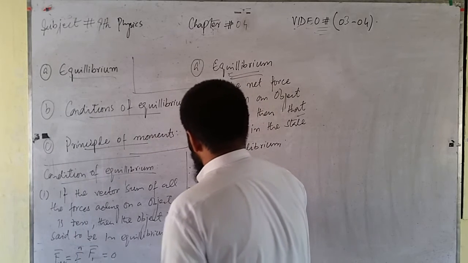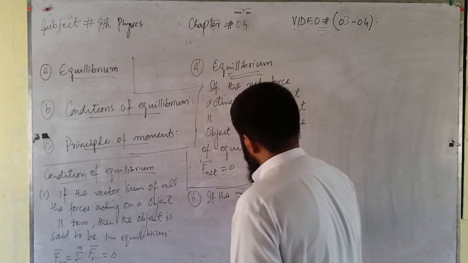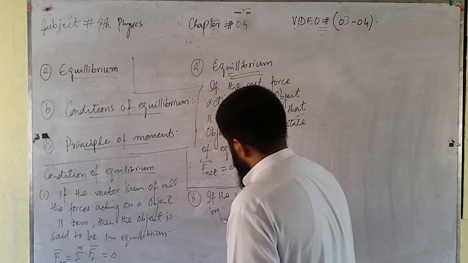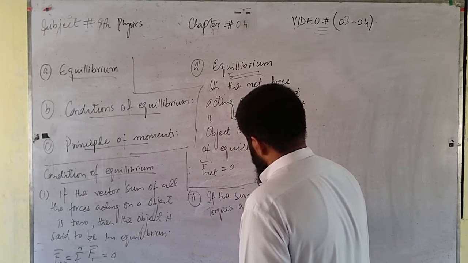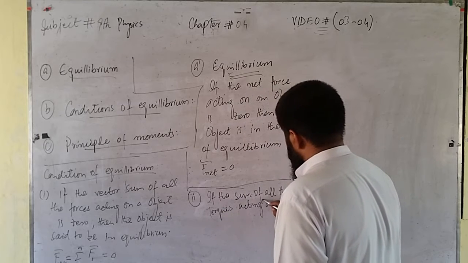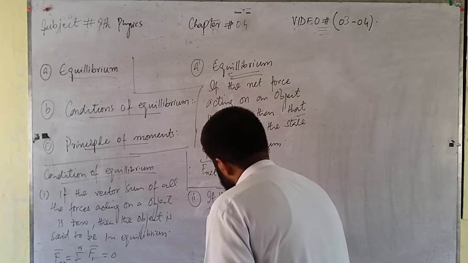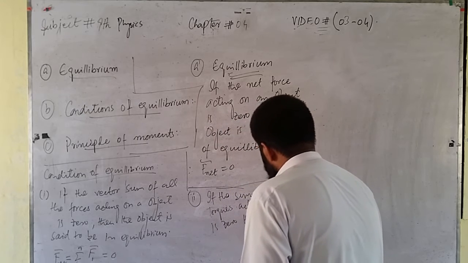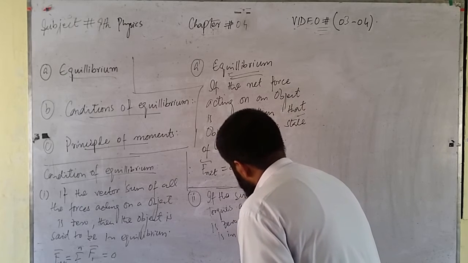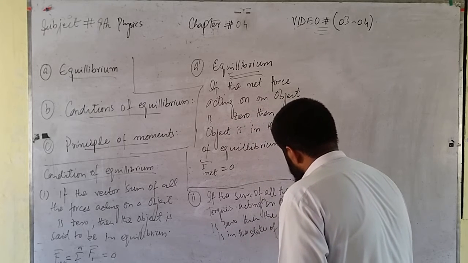The second condition states that if the sum of all the torques acting on an object is 0, then the object is in the state of equilibrium.